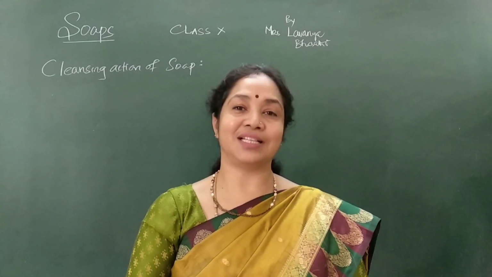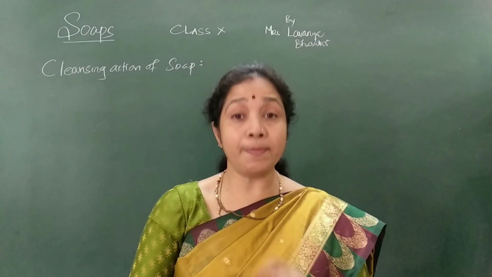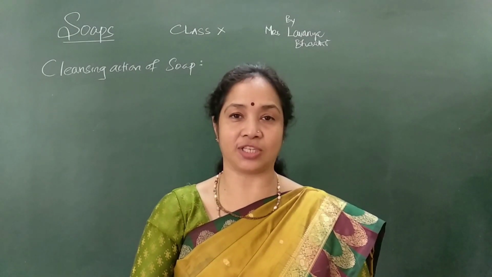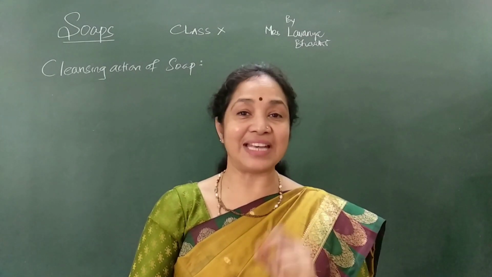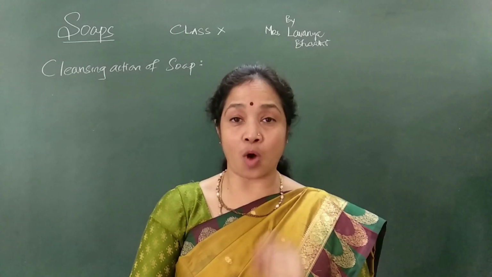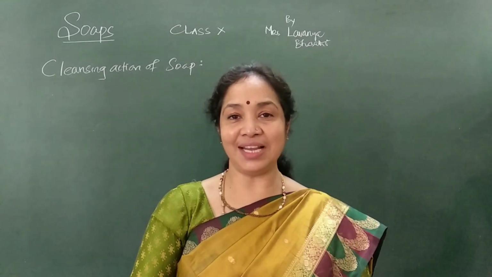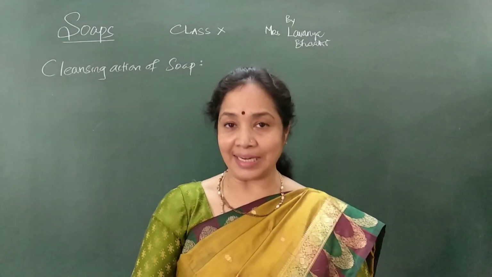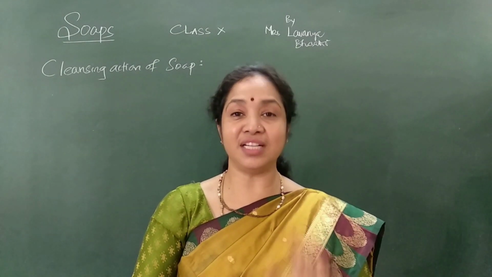The tail is considered a hydrophobic tail and the head is considered a hydrophilic head. Why? Because the head is ionic and it is water soluble, and the tail is made up of hydrocarbon. It's organic, it has an alkyl chain and it is water insoluble.